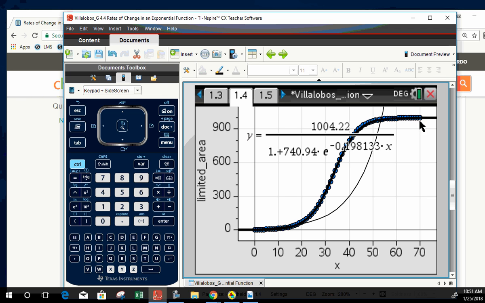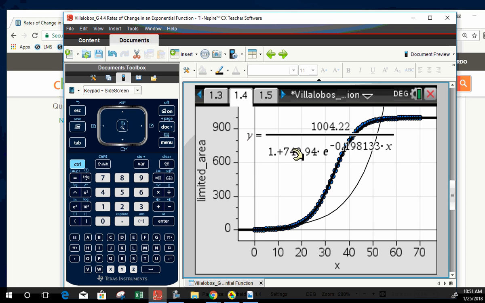You're around here. Take a screenshot of this. Let's see if I can move this point out of the way? Here it's 70. So the limit is 999. Take a screenshot of that. Turn that in.